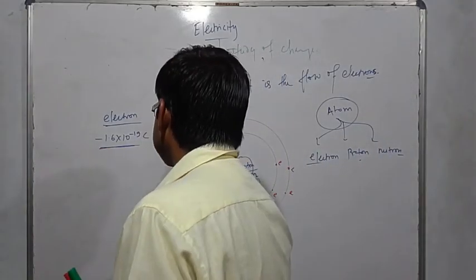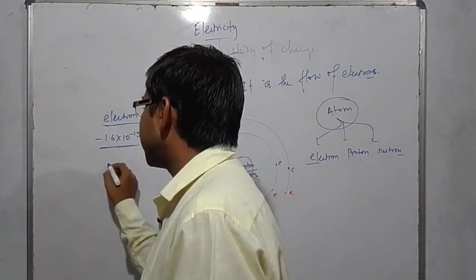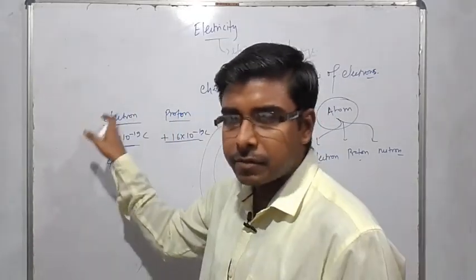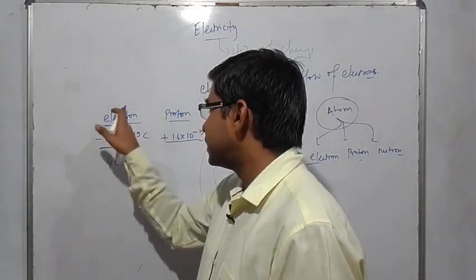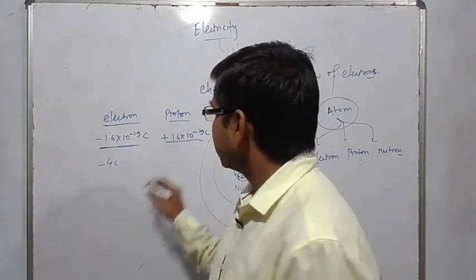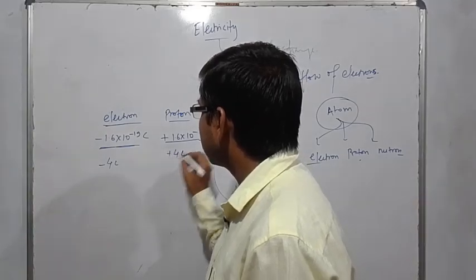if I take an example, instead of this complicated value, if I take a very small value, let's assume that the electron carries minus 4 coulomb charge and the proton carries plus 4 coulomb charge.